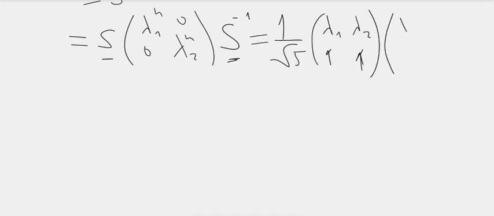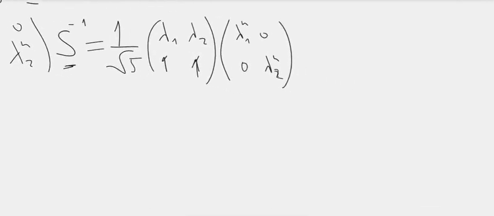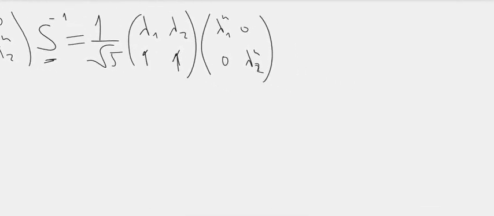Then lambda 1 to the power n, lambda 2 to the power n, 0, 0. And then the matrix S to the power minus 1 with already the multiplier 1 over square root of 5 is already here.